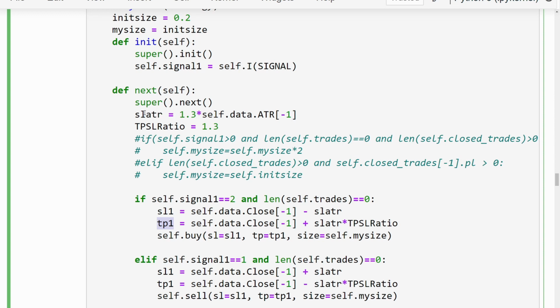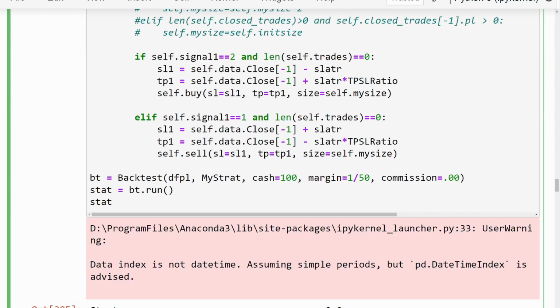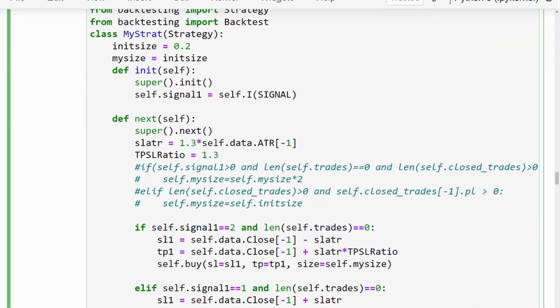One is the ATR of the current price, and the second one, for the take profit, is the take profit stop loss ratio. I put these 2 parameters to 1.3 at first. So our stop loss distance is located within 1.3 times the ATR, and the take profit is 1.3 times the stop loss distance. And I'm going to run this over the 3 years data, over the whole data frame.